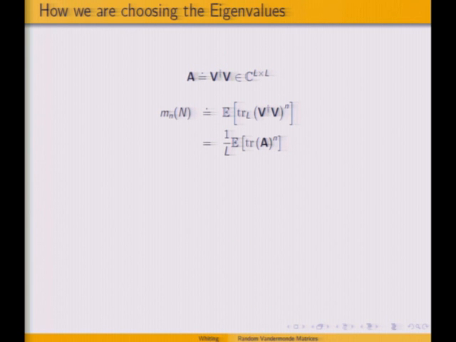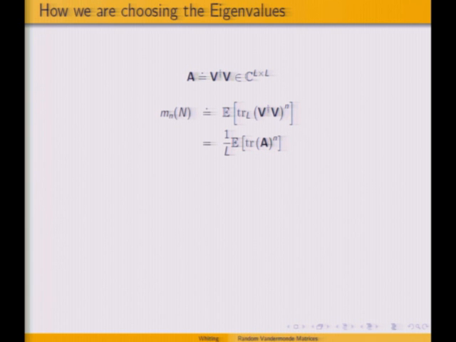How we're choosing our eigenvalues, but once we know we're choosing our eigenvalues like that, we realize that at least for finite realizations of the matrix, we can calculate the moments of the distribution by looking at the traces. That's very nice. One way of accessing a probability distribution is through its moments. We learned that if we take the trace, divide by 1 over L, and take the expectation, then we wind up calculating the moments of the eigenvalues.